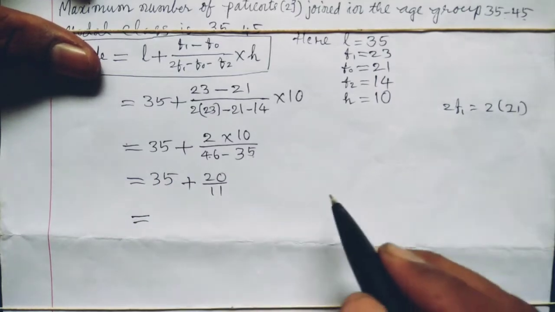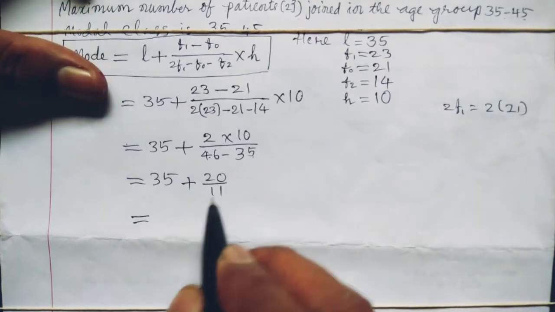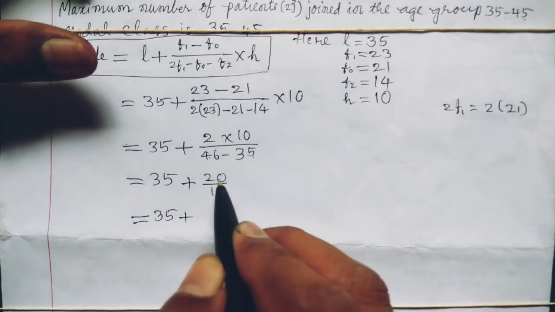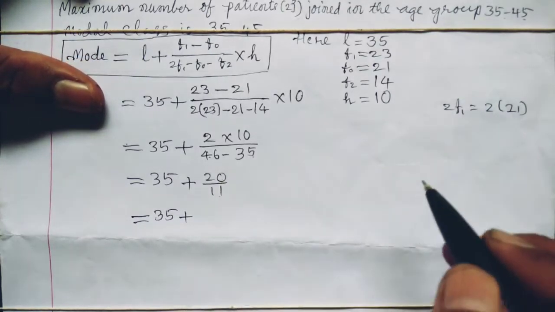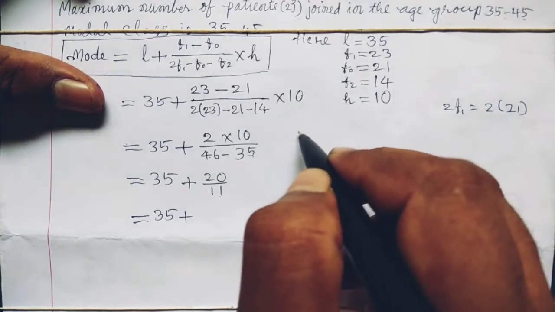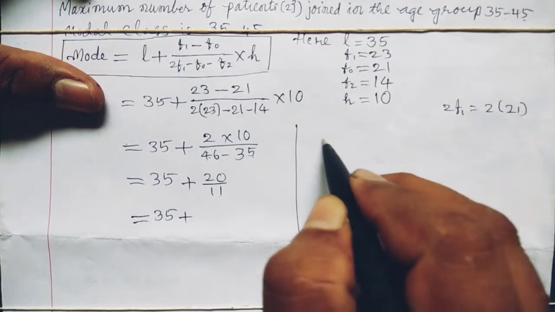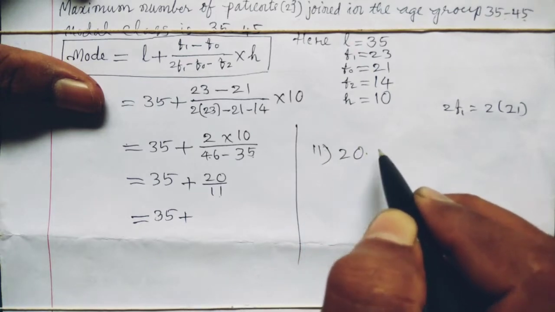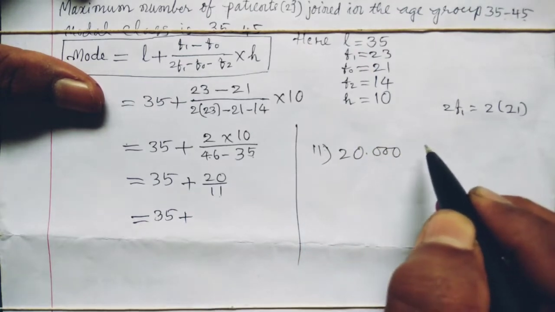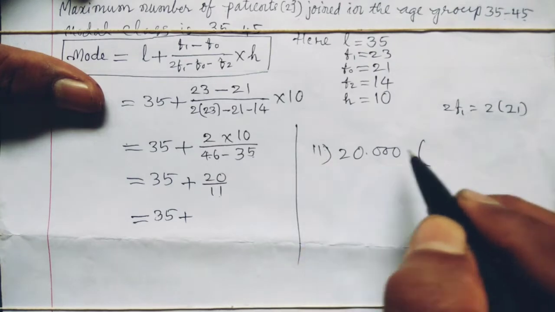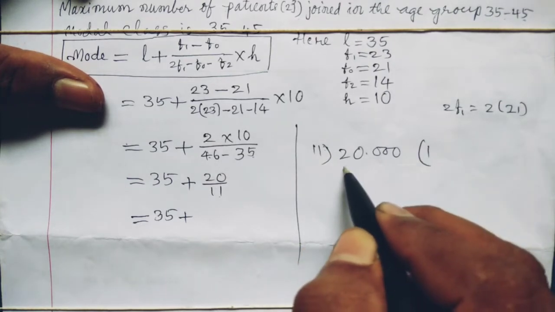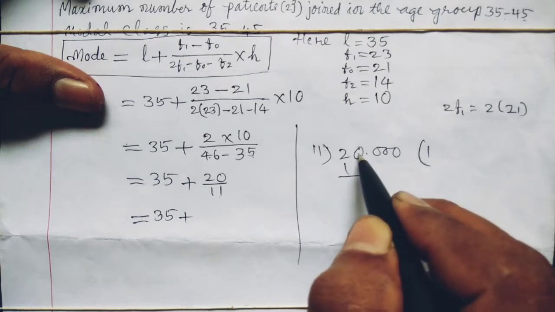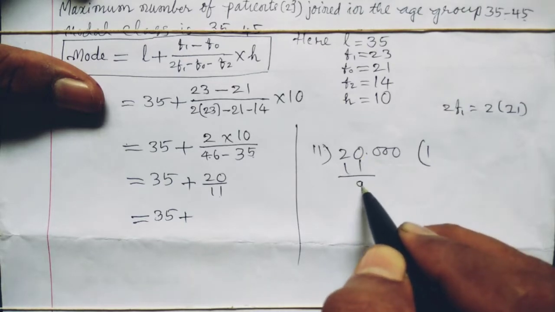That is equal to, we have to divide 20 by 11. 11 ones are 11, 9.